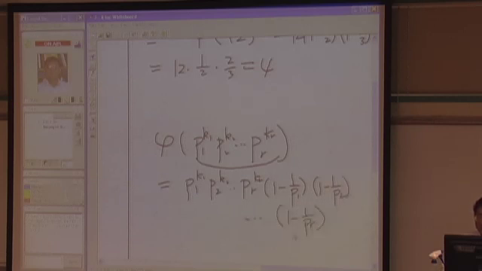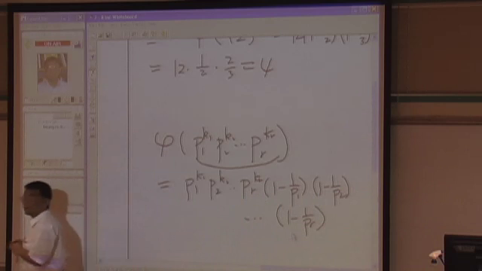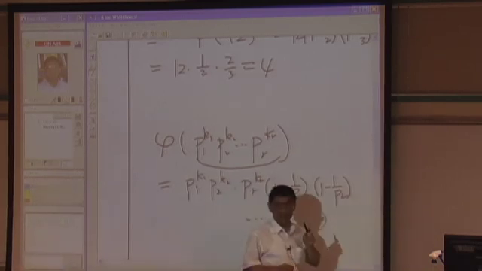That is the principle to calculate the phi function. So 12 is 2 to the power of 2 multiplied by 3, so we use 1 minus 1/2 and 1 minus 1/3.